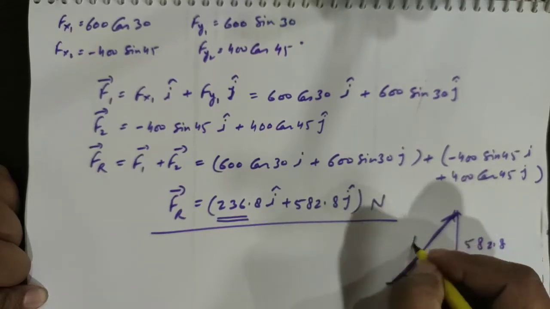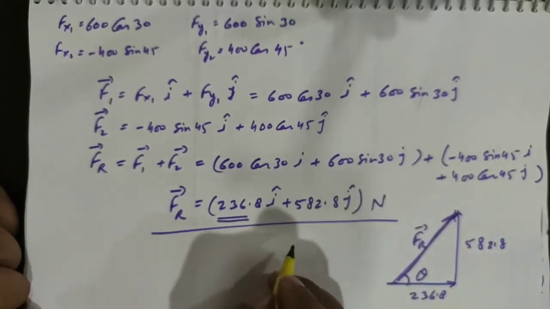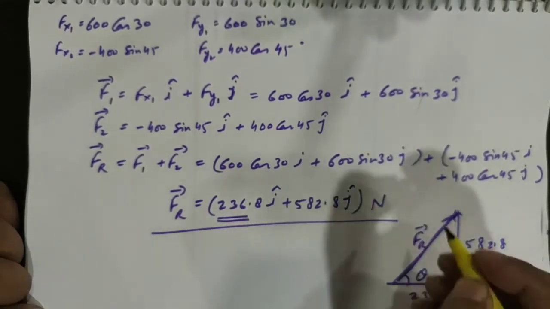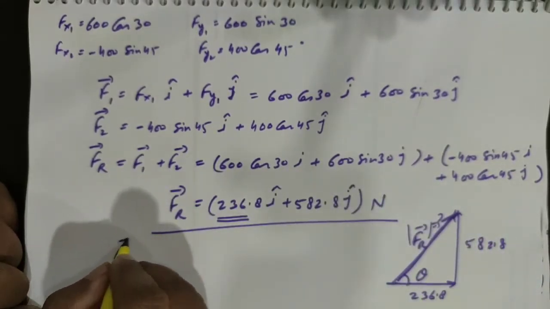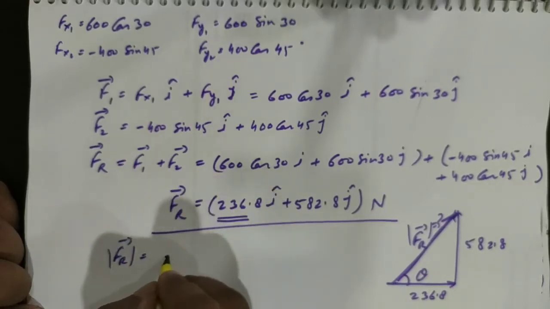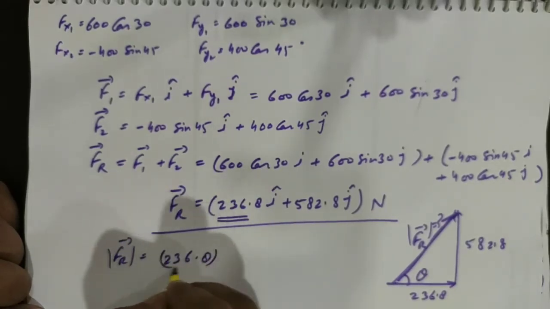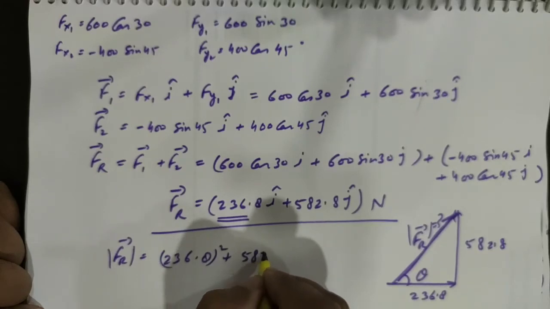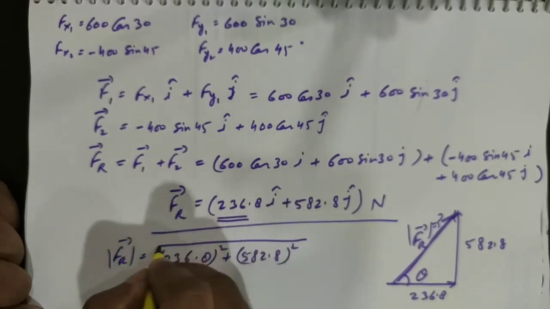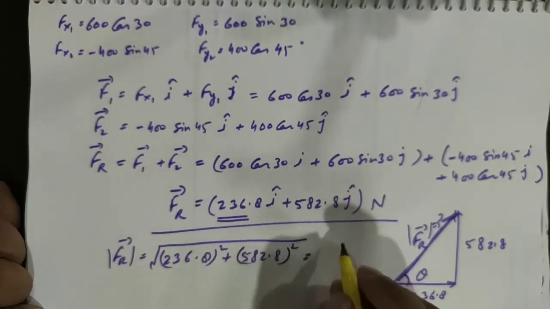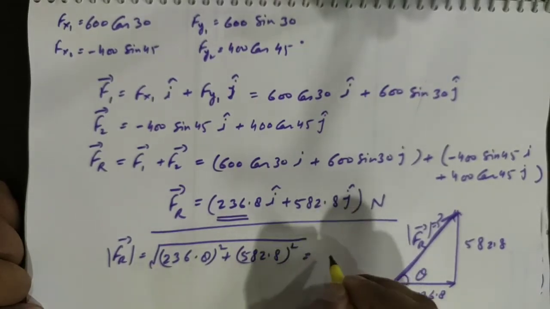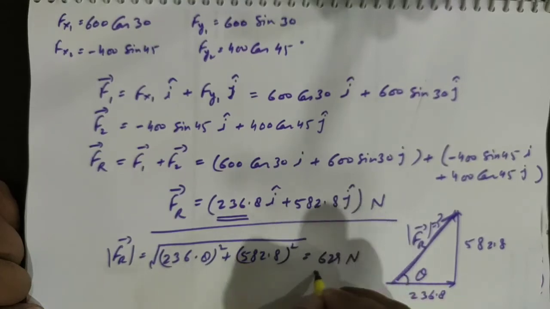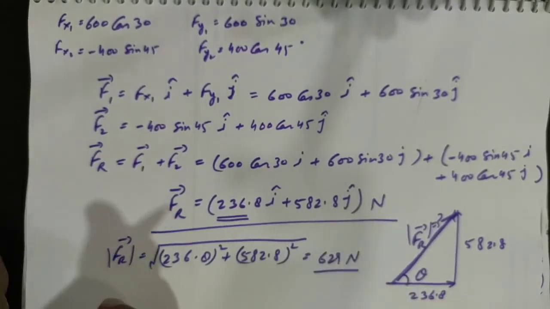angle of that resultant force, we need to calculate the magnitude of Fr first. The magnitude of this is equal to 236.8 square plus 582.8 square, add together and take the square root, then we get 629 Newton, the same as we found in the earlier method.